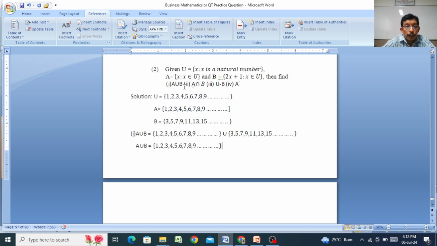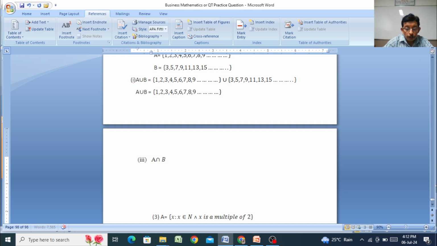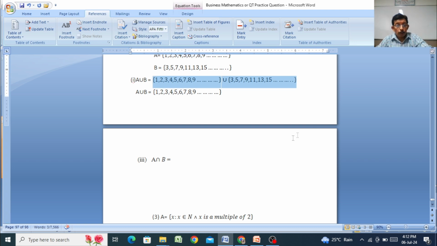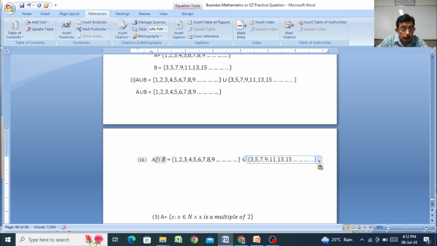Now the second part, A intersection B, is equal to set A and set B with the intersection sign.